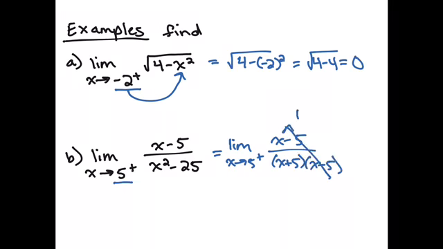I'll simplify that, and we get the limit as x approaches 5 from the right of 1 over x plus 5. I do a direct substitution and we get 1 over 10. So it didn't matter whether I was coming from the left or the right, that one was going to be the same.